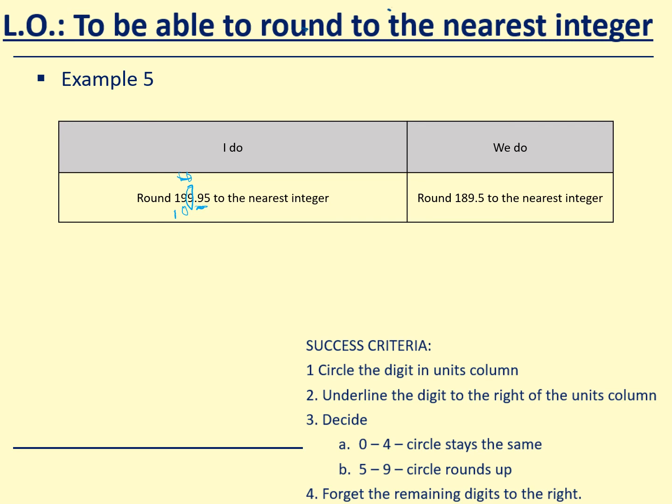So 1 plus 1, 2, this becomes 0, this becomes 0, then decimal point and 0, 0. So 199.95 to the nearest integer is 200. Pause this video and have a go at we do question. Okay, if you have 190, well done.